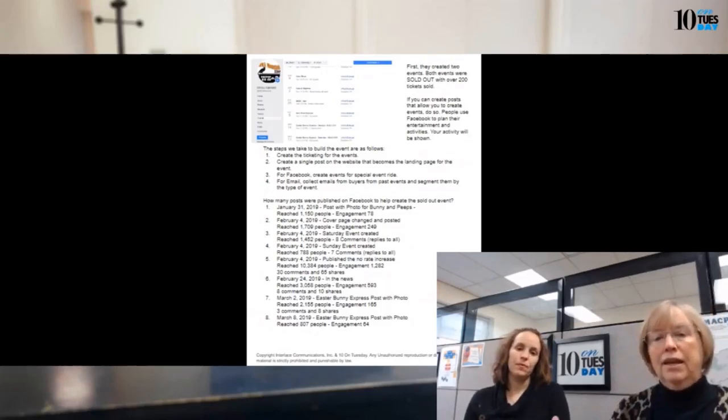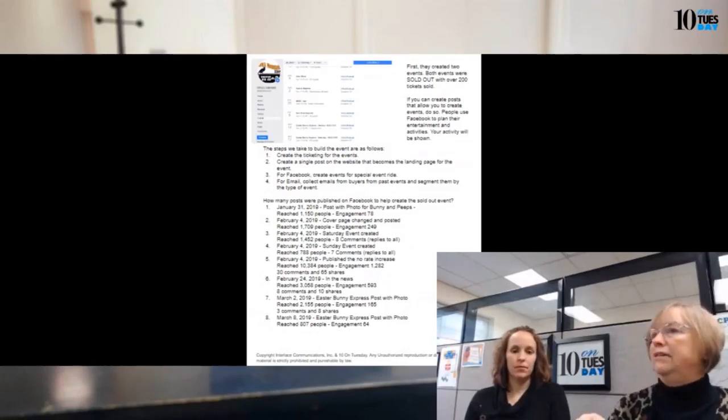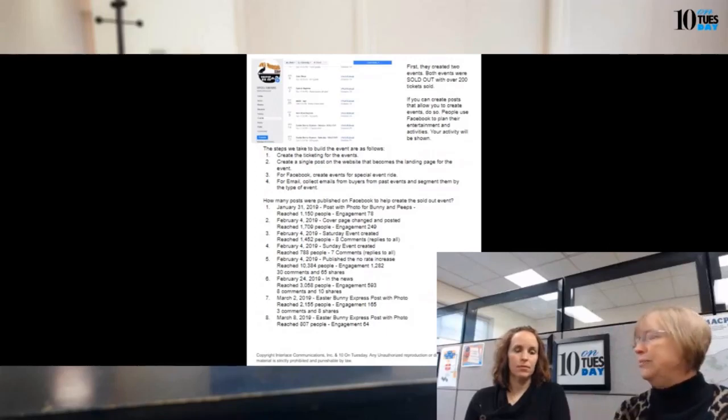We then, in Facebook, create an event so that a person can go to the event and click on the ticketing. And we also collected emails from buyers in the past so we can include them in what we call email blasts, but they're not really blasts because we're sending to them on an individual basis.